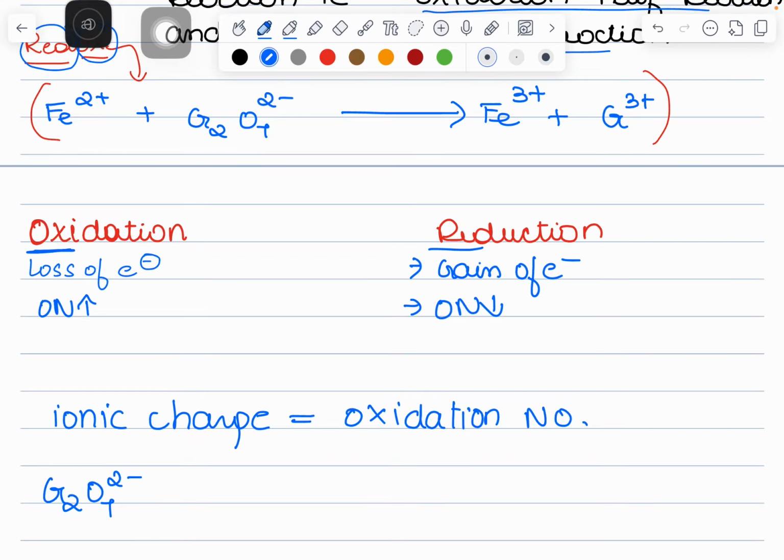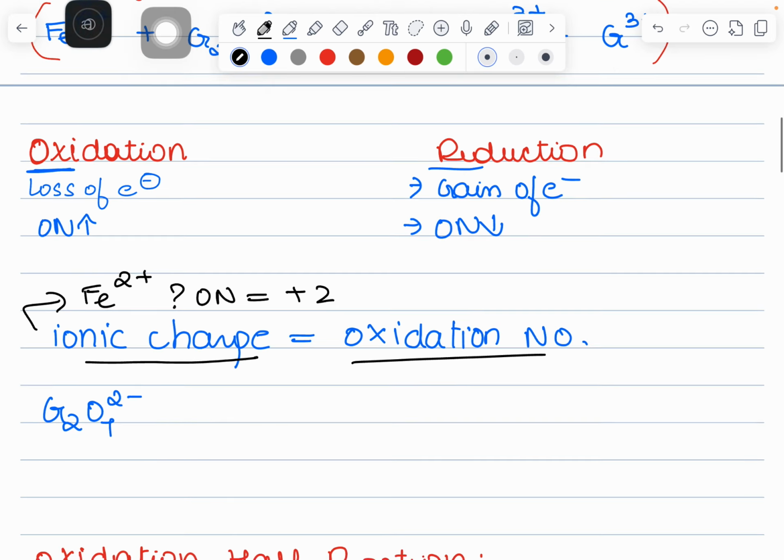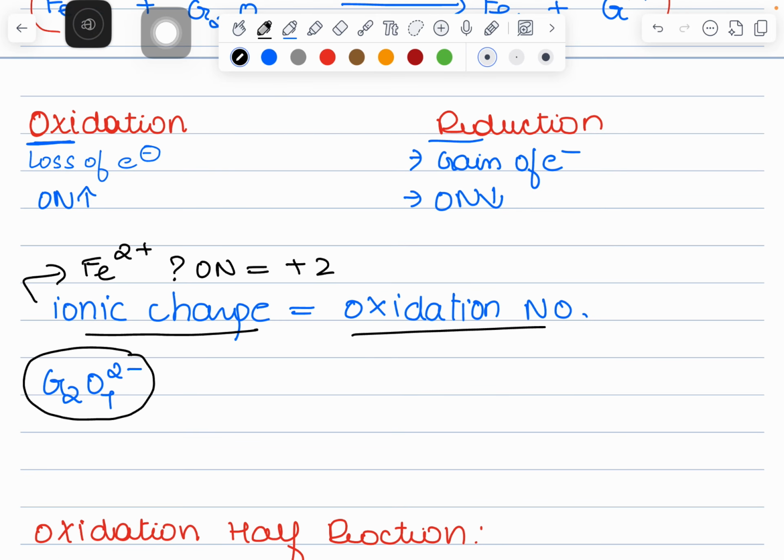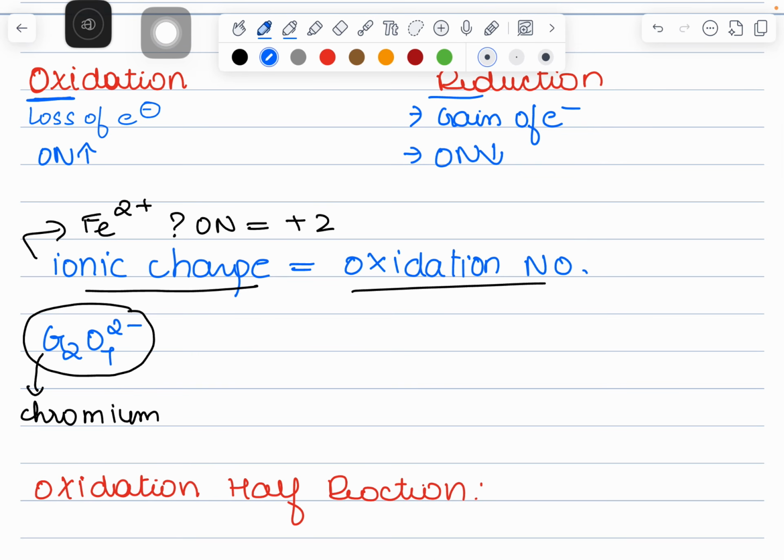If it is in ionic form, let's say Fe2+, what is the oxidation number of Fe2+? That is nothing but plus 2. Why? Because there is a rule that the ionic charge is equal to the oxidation number. Now for a species like Cr2O7 2-, how do we find the oxidation number of chromium? Let the oxidation number of chromium be x.